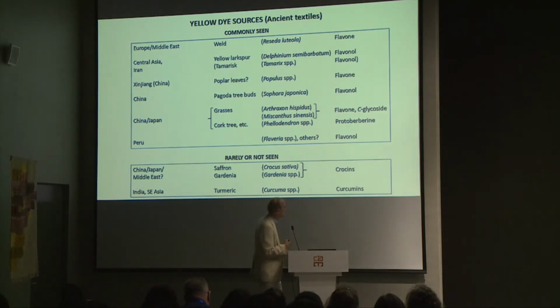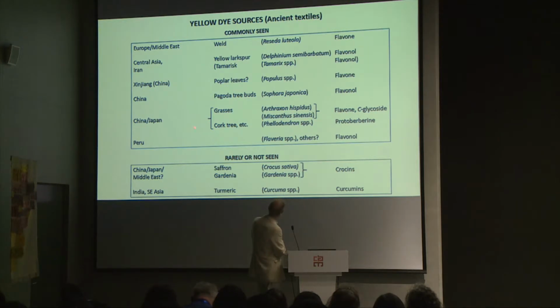In Xinjiang, well, I talked a little bit more about that, but one possibility is poplar leaves, which poplar trees grow there in quite abundance. And then, well, the pagoda tree was used in China a lot.